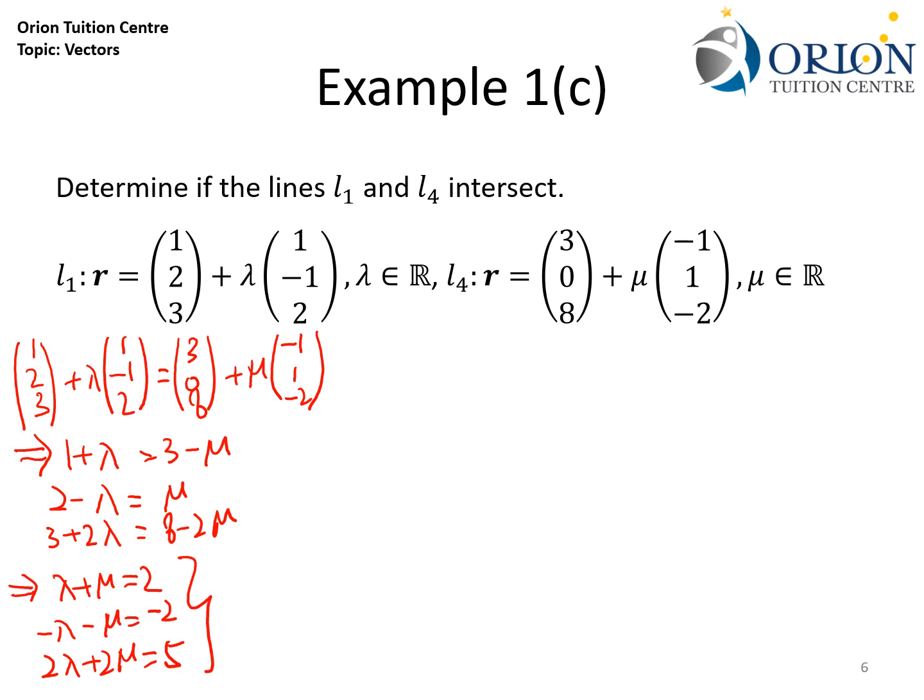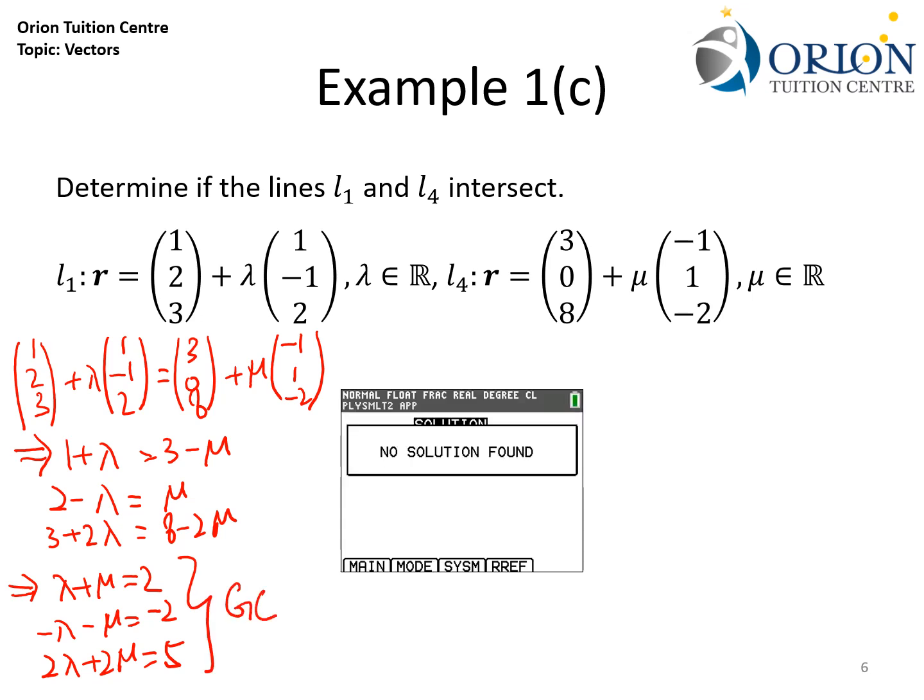Now we can key these three equations into the GC, which gives us the following solution screen. And therefore, we know that L1 and L4 don't intersect. Now, for two lines that don't intersect, there are two possibilities.